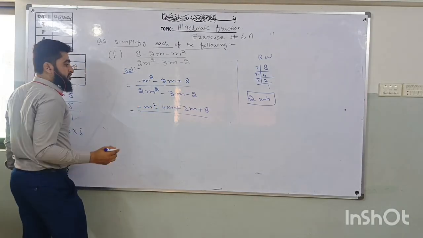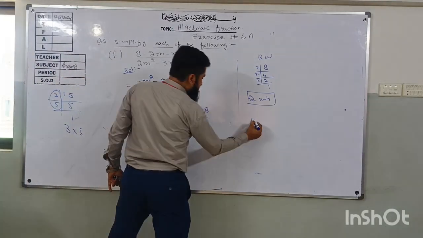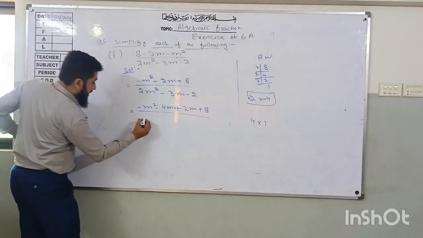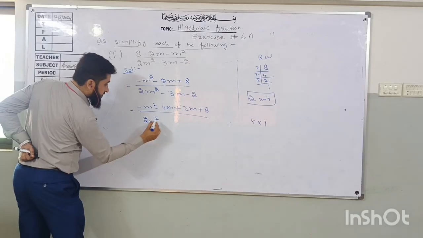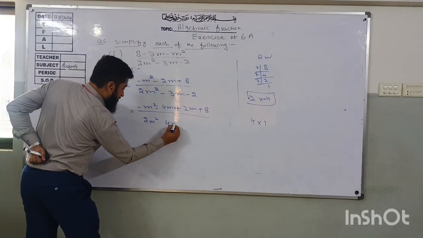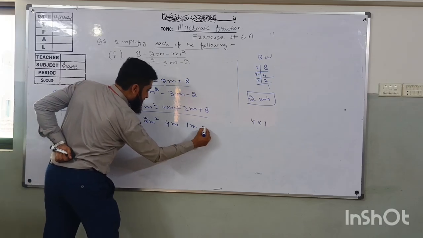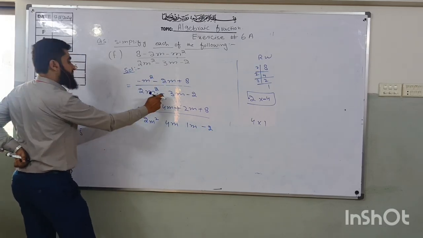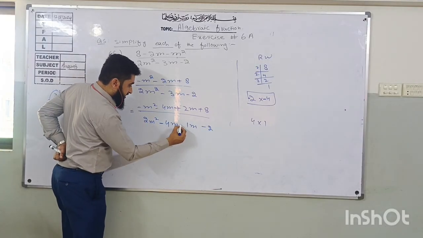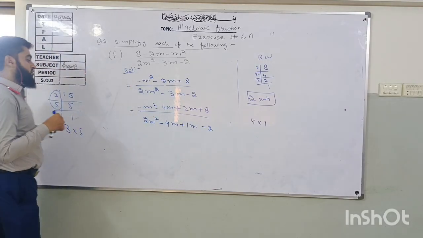In the denominator 2m², the factors are 4 and 1. So 4m, 1m, minus 2. What will be the signs? The middle value has a negative sign, so the larger value has a negative sign and this one has a positive sign.